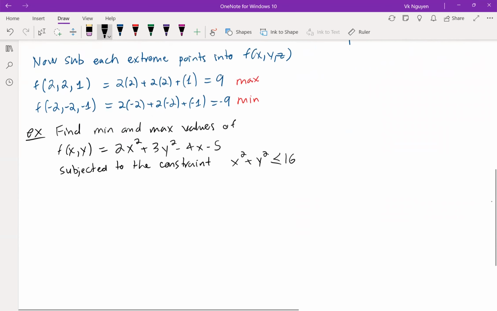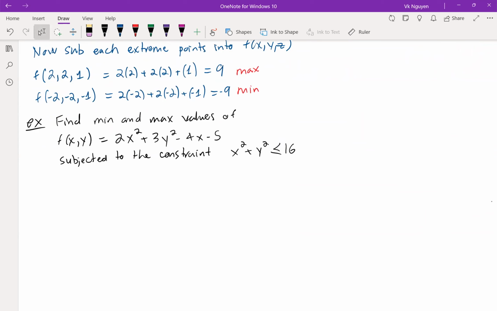This is an inequality constraint, so you've got to be careful. It is not an equality constraint.